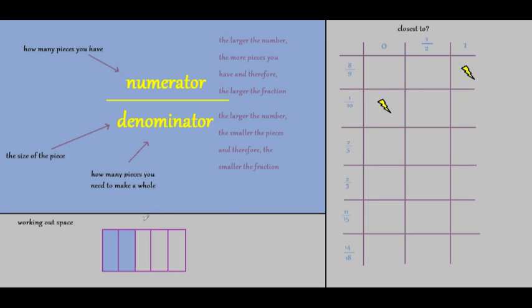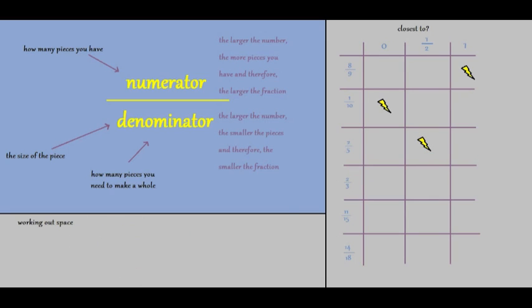So what I'll do is I'll dot in roughly where a half should be, and we can see that we're missing here half of a fifth, so we're half of 1/5 away from this middle line, but we're 2/5 away from 0, so we are much closer to a half than we are to 0. So I'll put my little tick in the box for closest to a half.